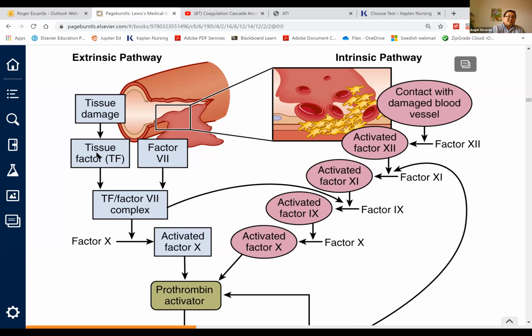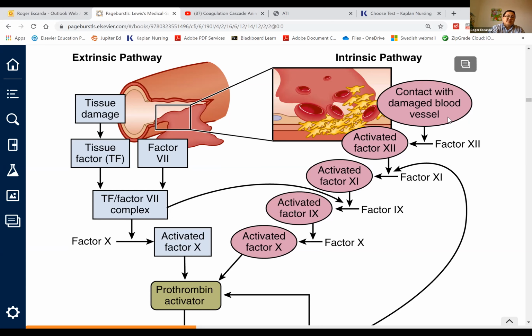So this is the pathway. First, extrinsic: it will form a temporary plug. So it just plugs your cut temporarily. It's a very unstable platelet plug. Meanwhile, again, the intrinsic pathway takes longer because it's a series of activations.